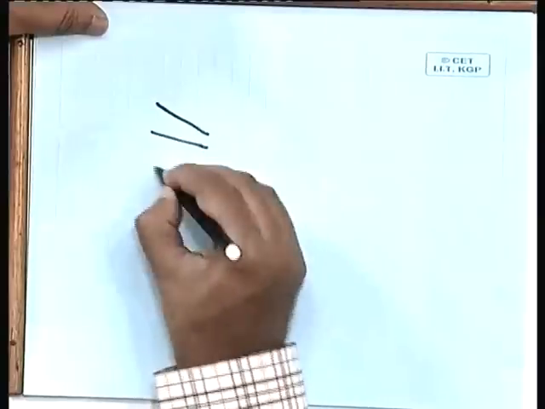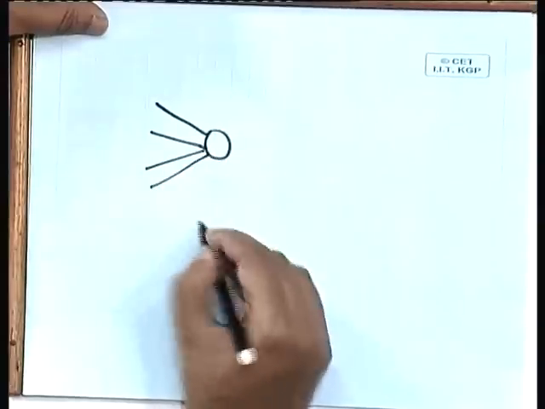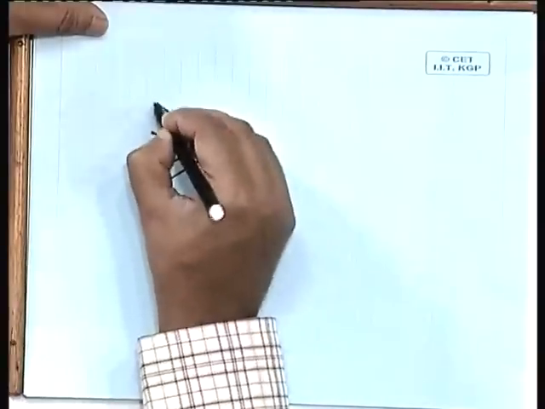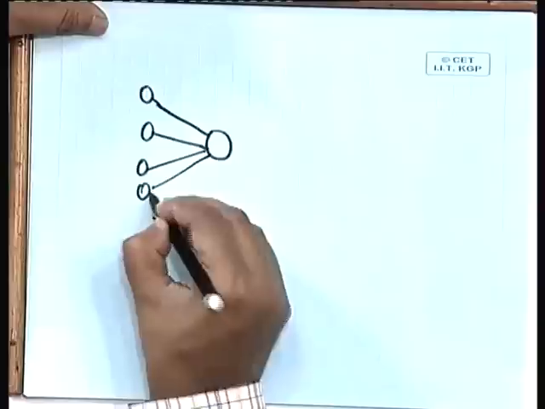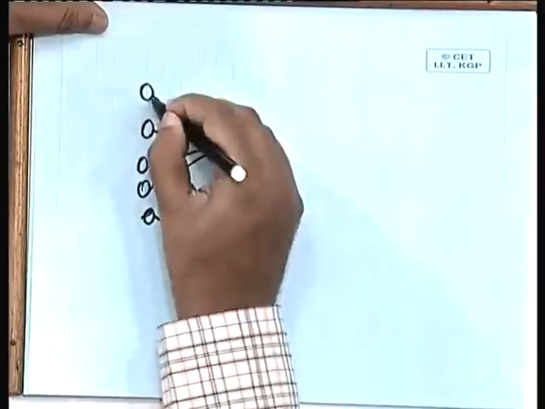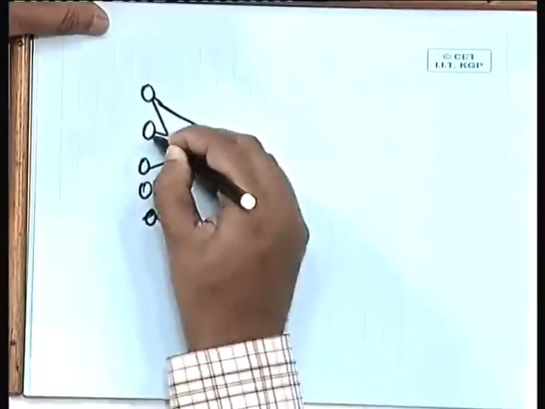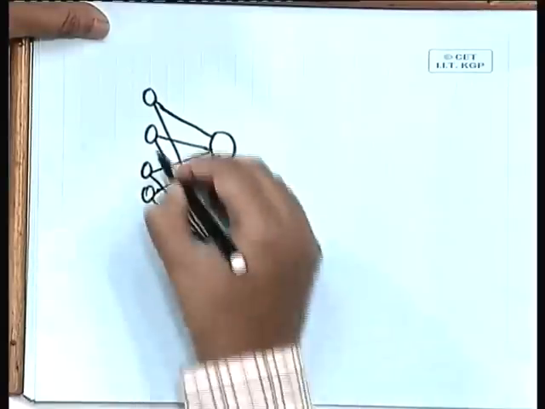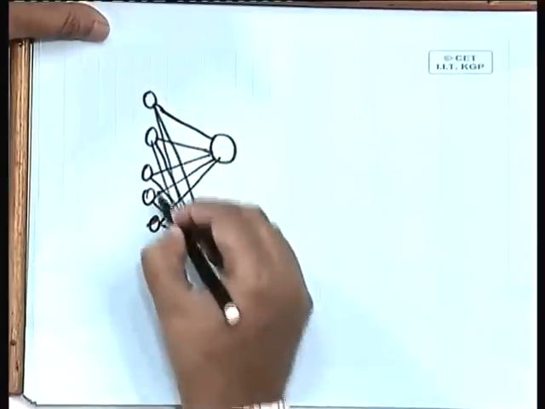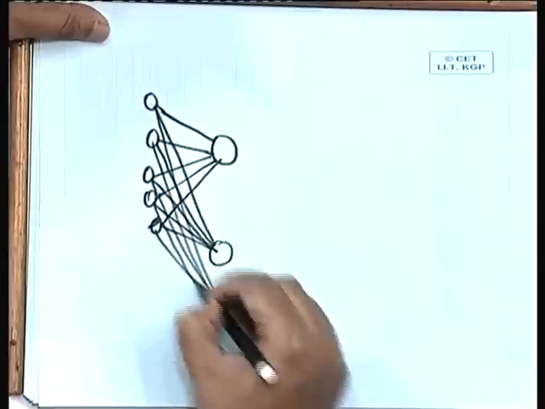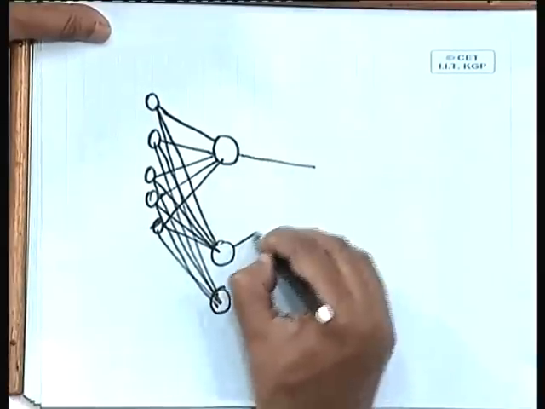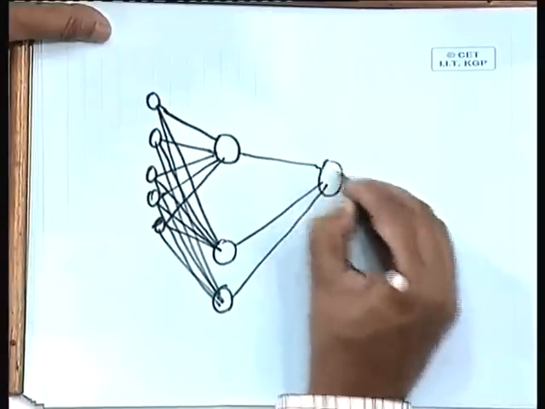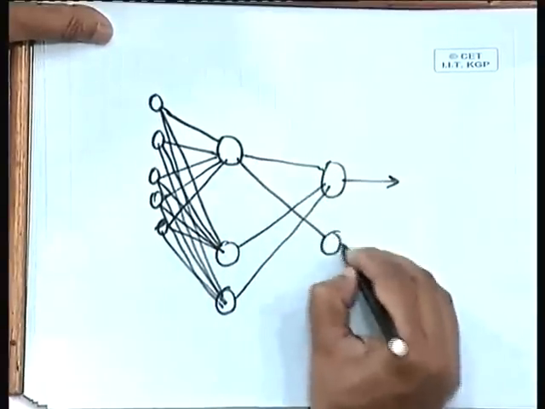Now, in a multi-layered network, typically the configuration is like this: from the set of inputs, let us say we form an input layer, and this is connected to one layer, and then these will in turn be connected to an output layer.